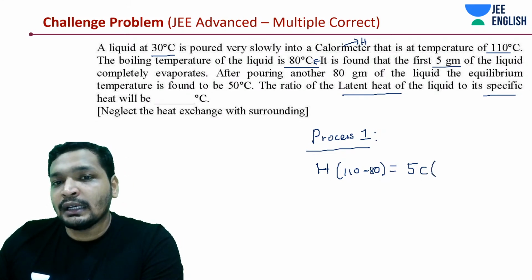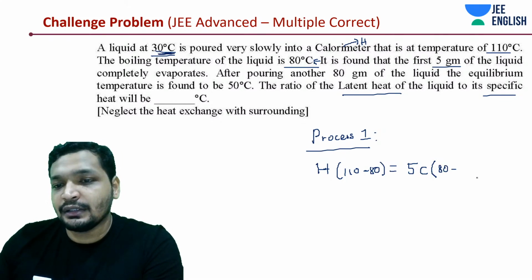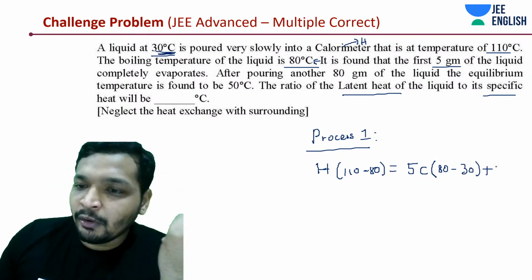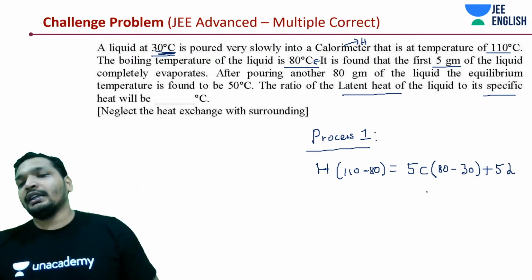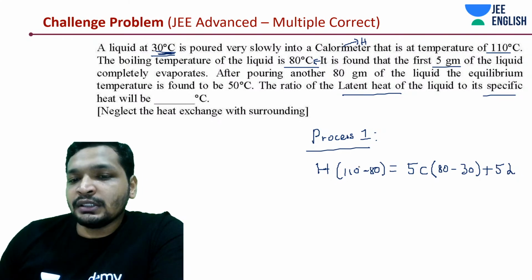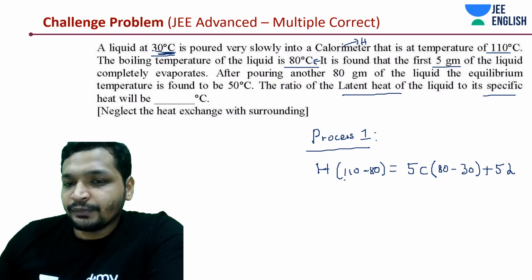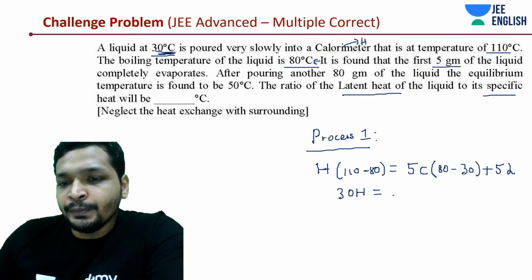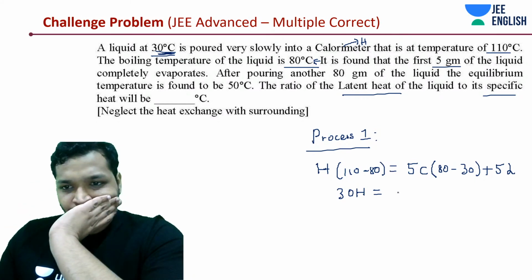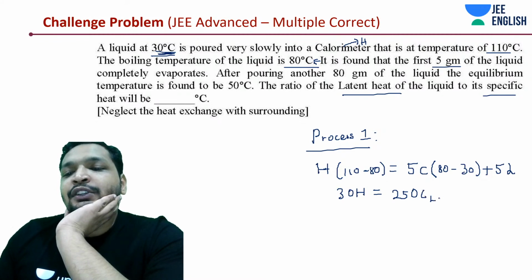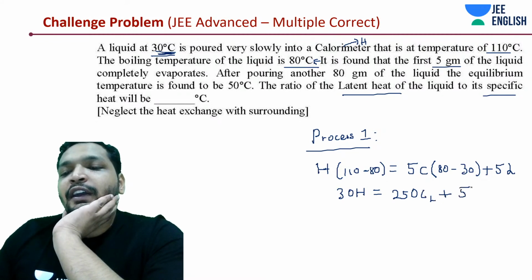It has reached 80 degrees Celsius from 30 degrees Celsius, plus it has also evaporated, so latent heat: 5 grams into m into L. For mc delta T, and m into L with no temperature change. So 30H equals 250C, the heat capacity term of the liquid, plus the latent heat of the liquid, 5L.